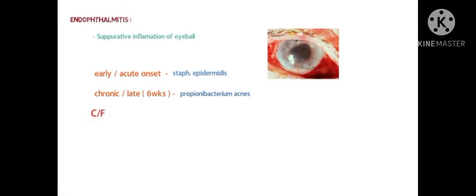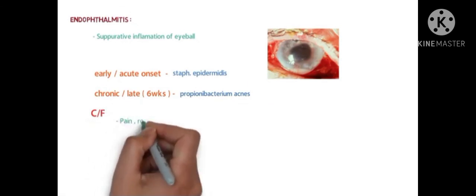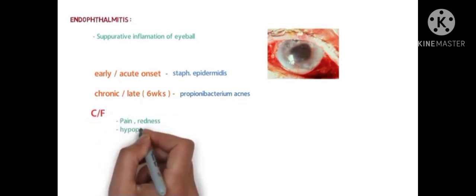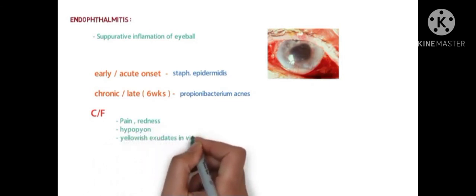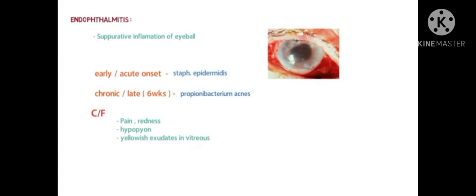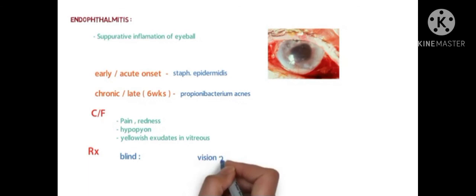Clinical features are pain, redness of the eye, hypopyon, that is pus in the anterior chamber, and there may be yellowish exudate in the vitreous. The treatment of endophthalmitis can be divided into two parts: when the person is totally blind and when vision is present.